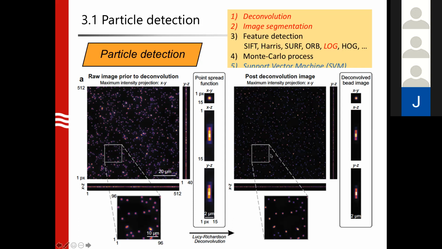On the right-hand side are the results where the image has been deconvolved. You can see for each of these particles, the radius is much smaller compared to the left ones. There are many other methods, like machine learning methods, but for the time limit, I just introduce these two popular ones, which are robust and enough to handle most cases.